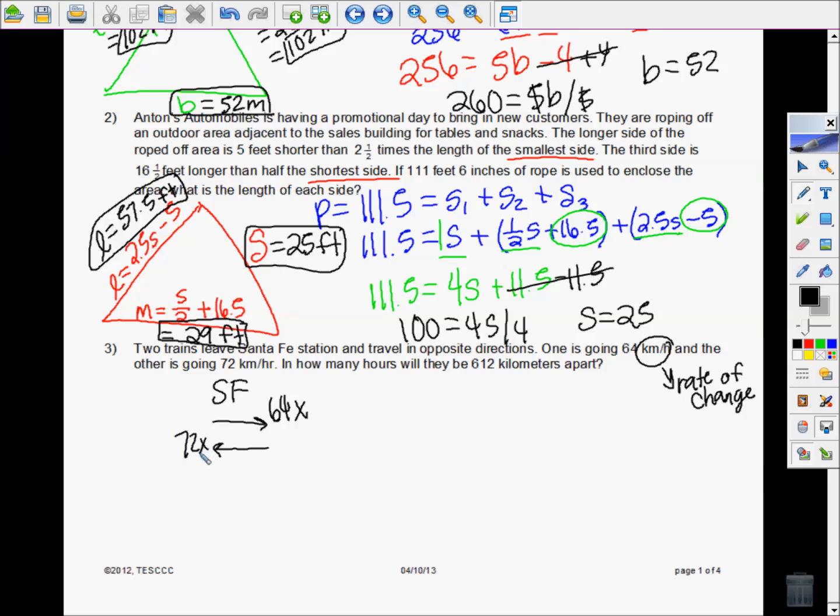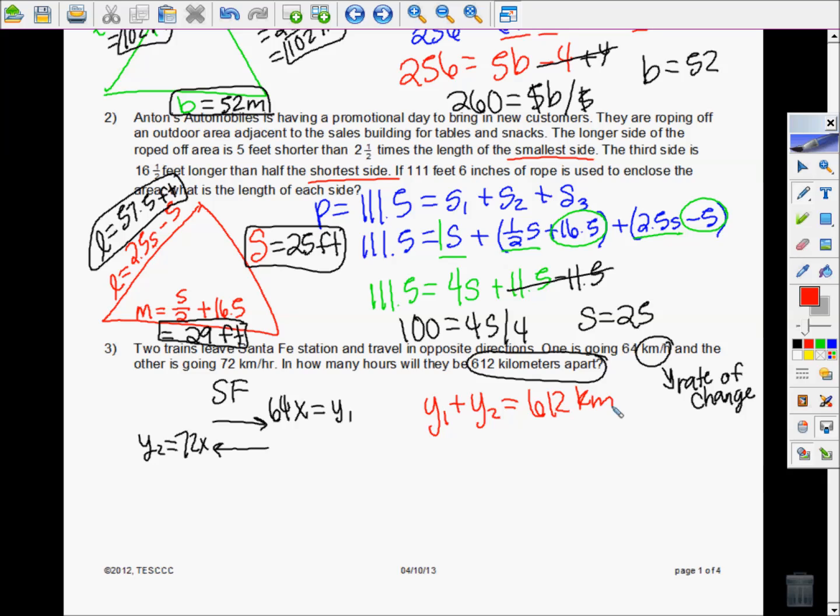So we know that this equals y1 and this equals y2. We want to know when their distance apart is 612 kilometers. So it's saying when is y1 plus y2 equals 612 kilometers.